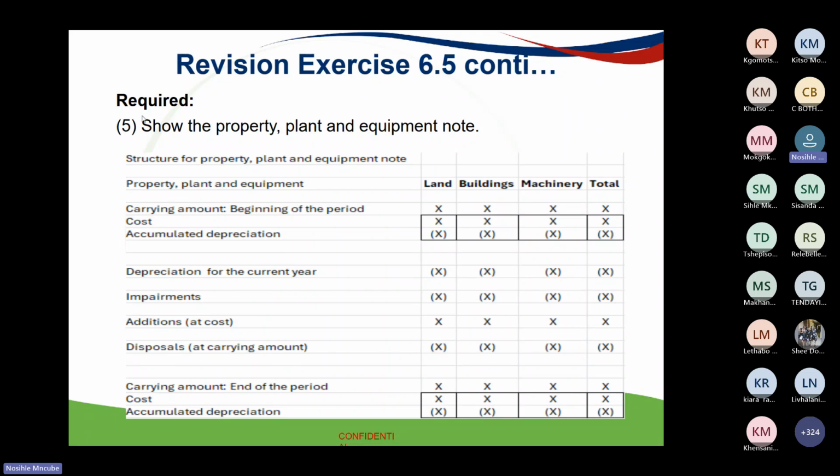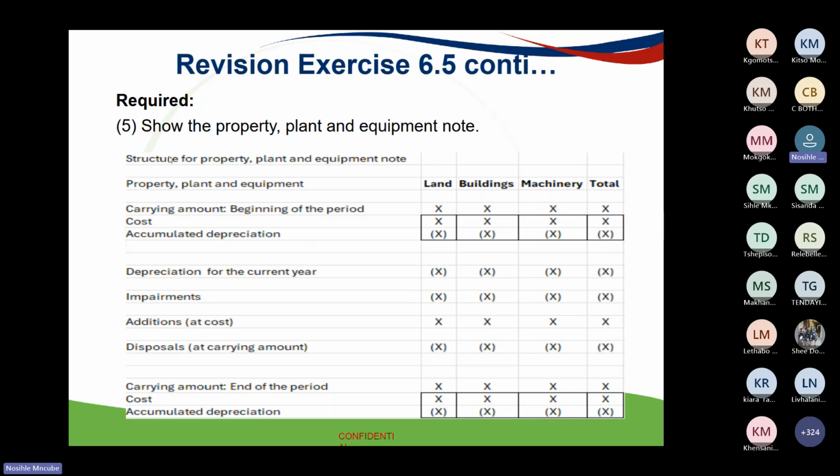So how are we going to do this? We're going to talk about the structure, and then we're going to go to the question to see if we can identify any property, plant and equipment there, and then we're going to look at the solution. Okay, so we are starting now.